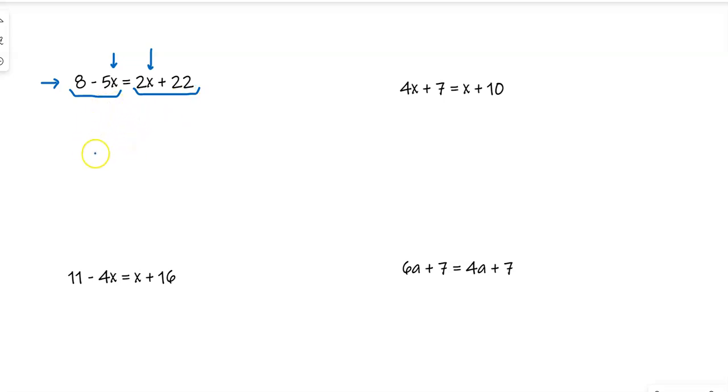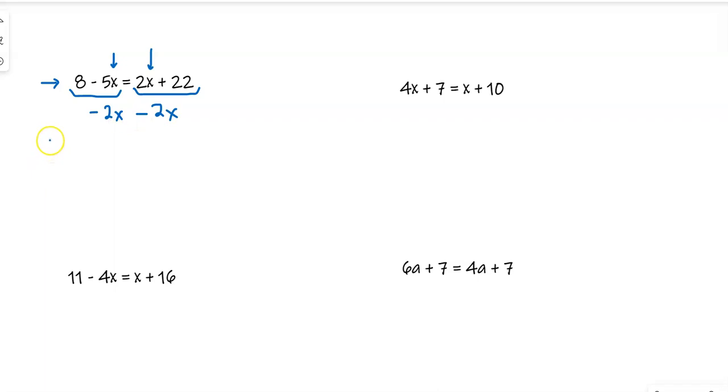Now what we can do is subtract 2 x's from both sides, right? And then on one side we will eliminate 2 x's, and we will have only x on one side. So let's subtract 2 x's from both sides.